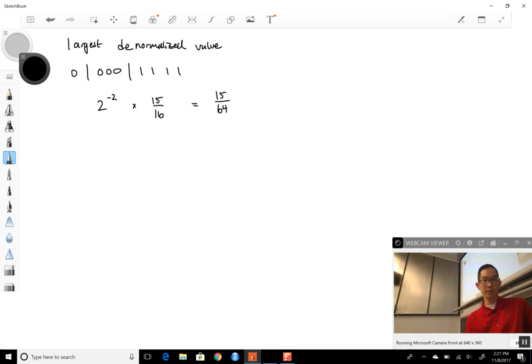All right, and so we have that, okay? And then the next value is going to become 0, 0, 0, 1, 0, 0, 0, 0. So I have 2 to the negative 2. And now that it's normalized, it's going to be 1.000.